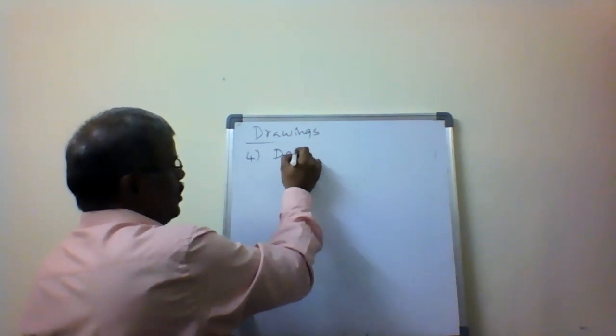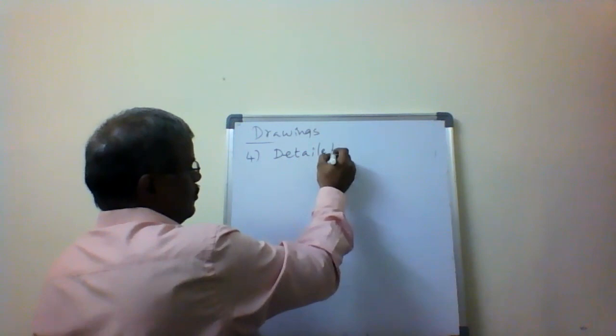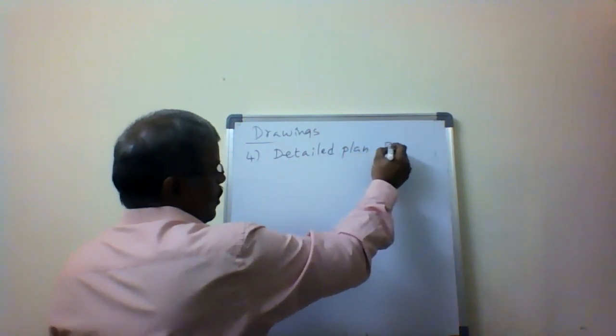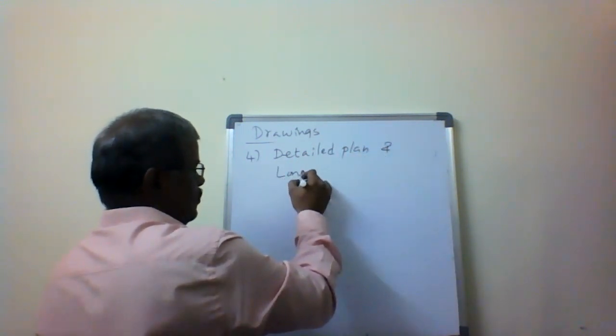The fourth one is called the detailed plan and longitudinal section.